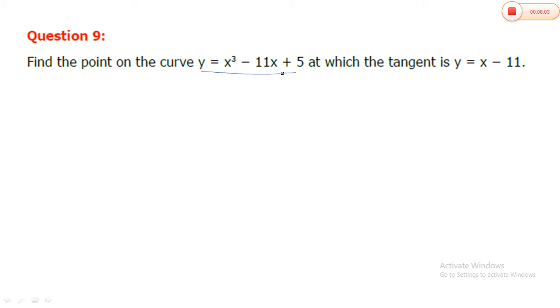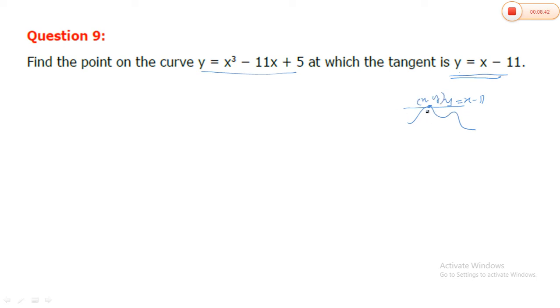The equation of the tangent is given, so let us consider the tangent y equal to x minus 11. We have to find this point, that is (x, y).